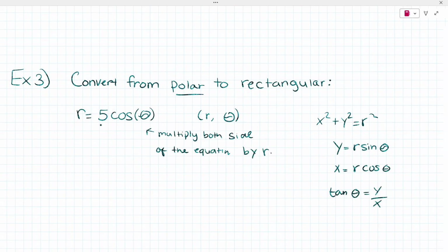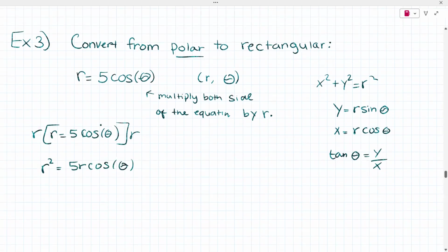So we have r equals 5 cosine theta. And then if we multiply both sides by r, you get r squared on the left. And then this is going to be 5r cosine of theta. Now, we have an r squared, so most likely we're going to use this equation right here.